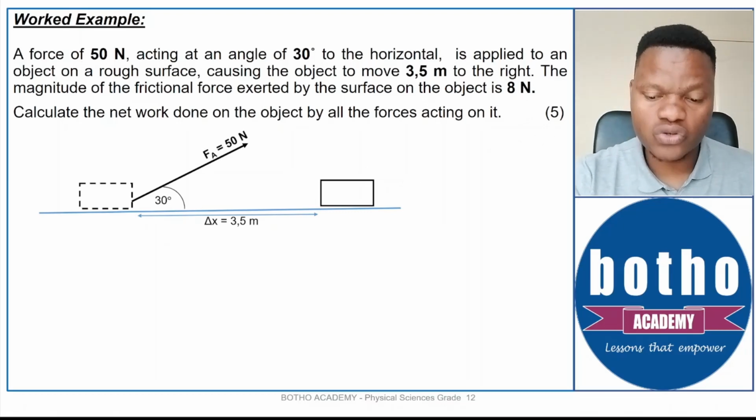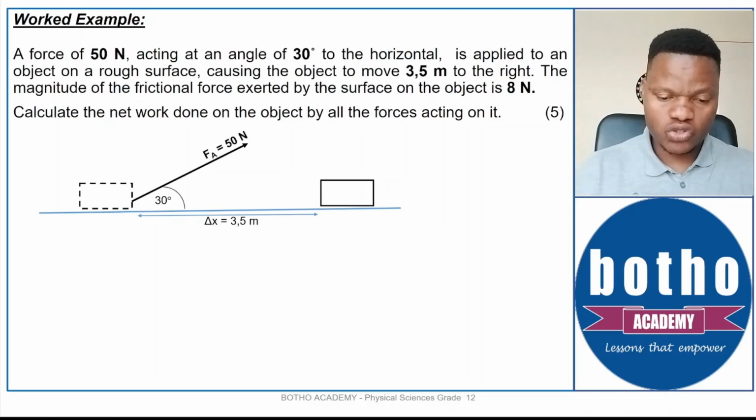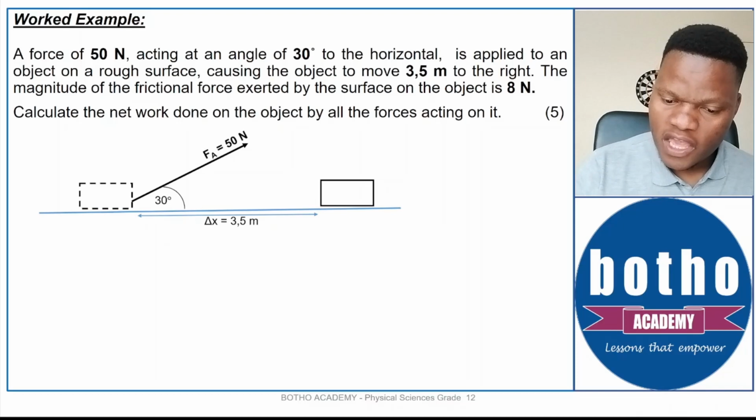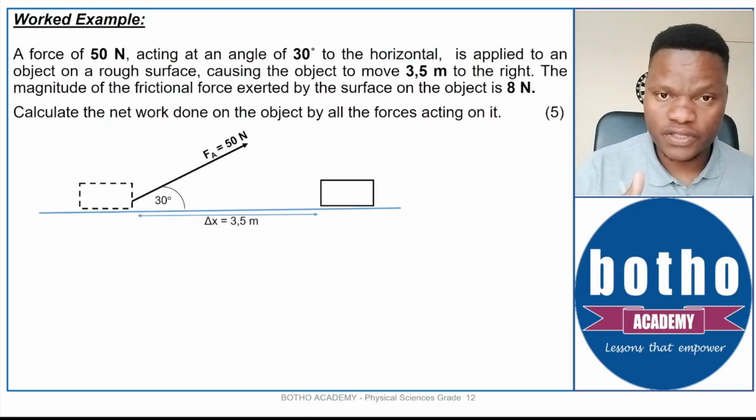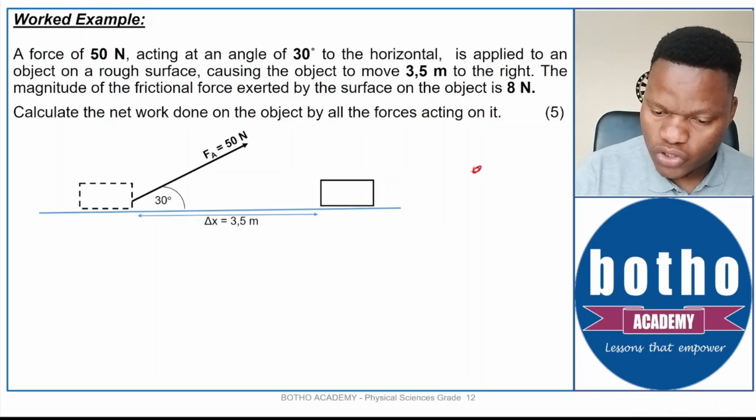Of course, there is also the force of gravity, but I just need to remind you here, if you were to draw a free body diagram for this particular object, what it would look like is this. Let's just quickly do this.